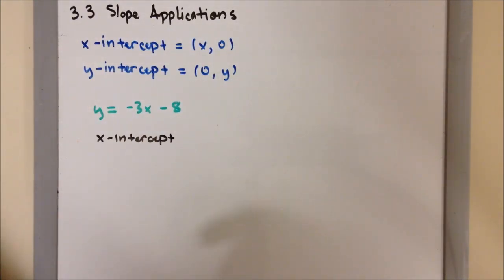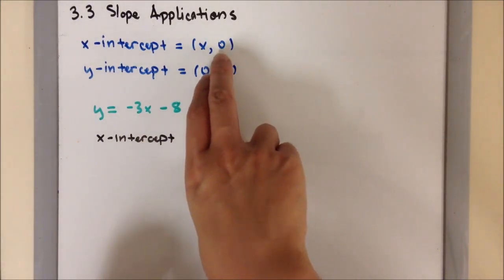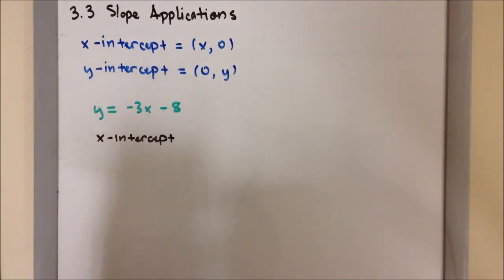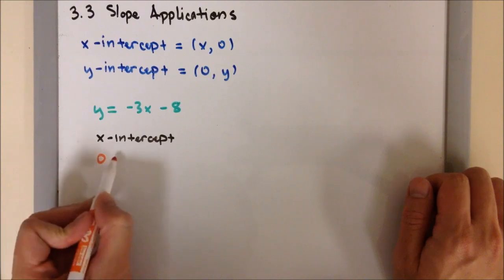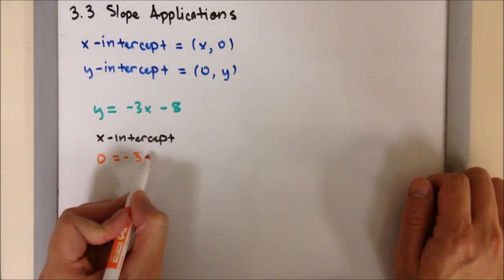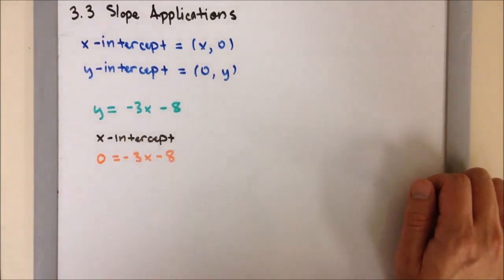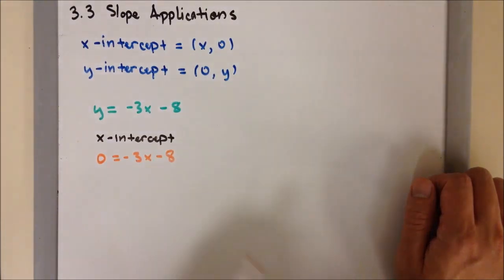So when you're looking for the x-intercept, we know that the y value is always 0. So I'm going to rewrite the equation, but I'm going to plug in 0 for y. Because that's the only thing we know for sure.